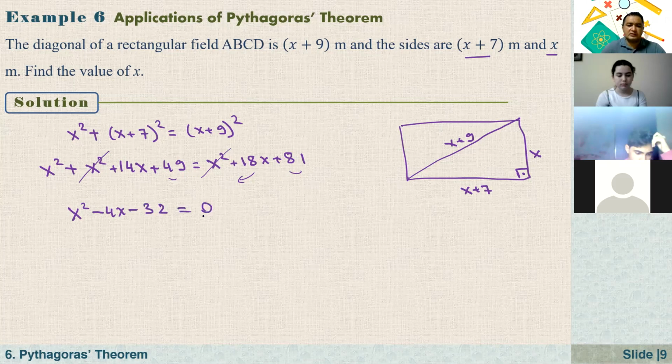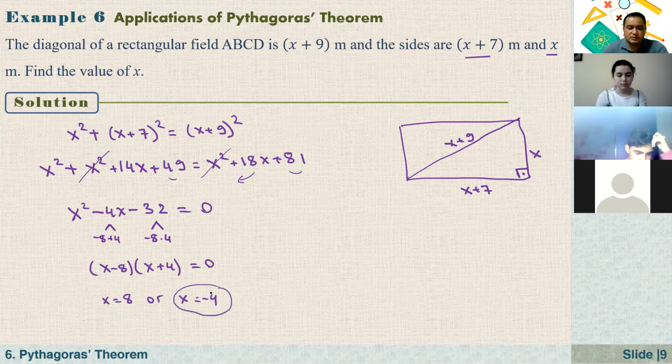That's equal to 0. I think we can factorize this. 32 is negative 8 times 4, and negative 4 is negative 8 plus 4. So here we have (x minus 8)(x plus 4) equal to 0. So from here, x equals 8 or x equals negative 4.